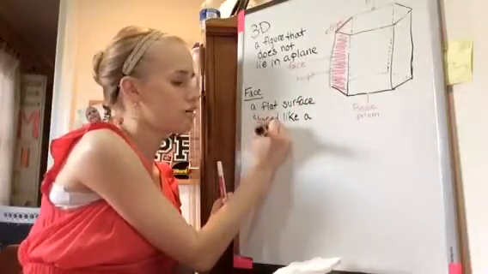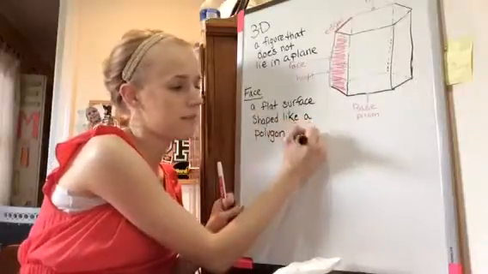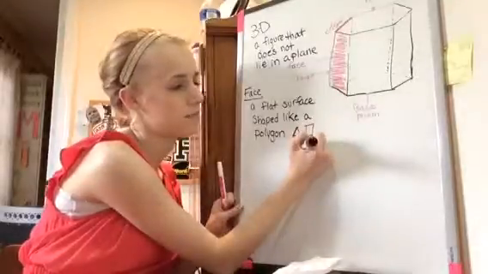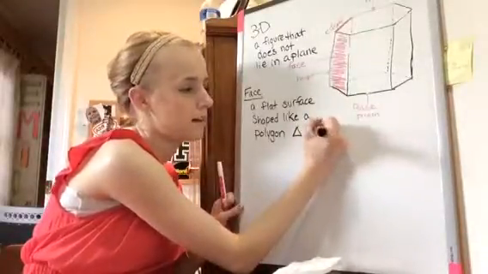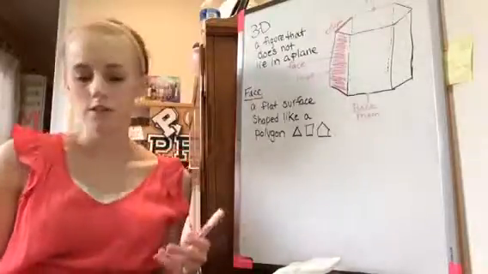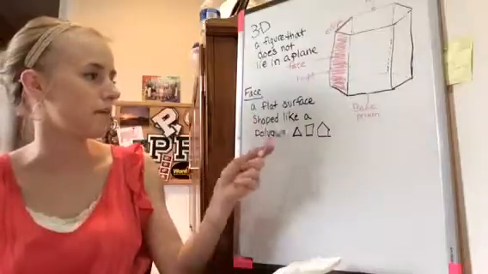And a polygon is just a fancy word for a shape. Like a triangle is a three-sided polygon, a square is a four-sided polygon, a pentagon, you get the hint, is a five-sided polygon. So that's all you have to keep in mind there. So the face is a flat surface shaped like a polygon.